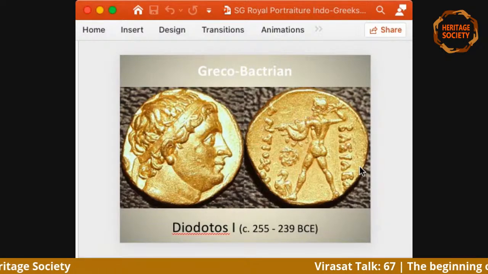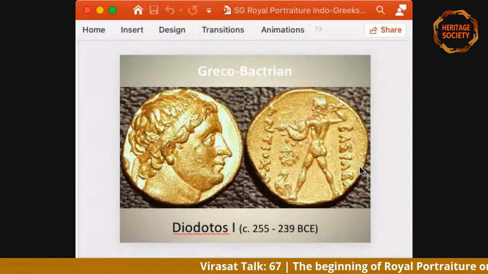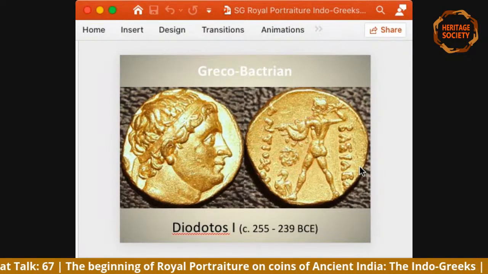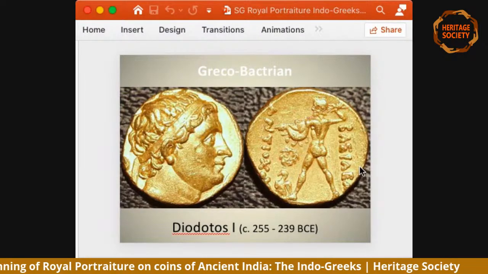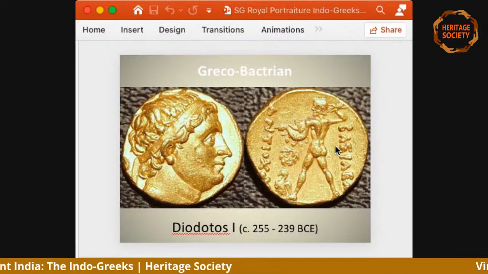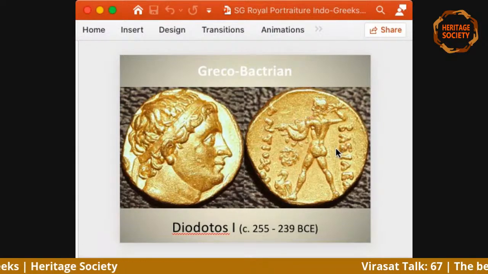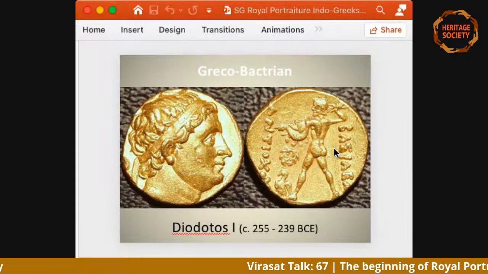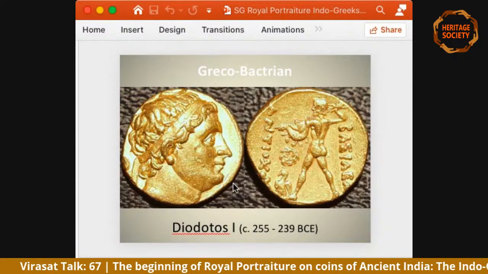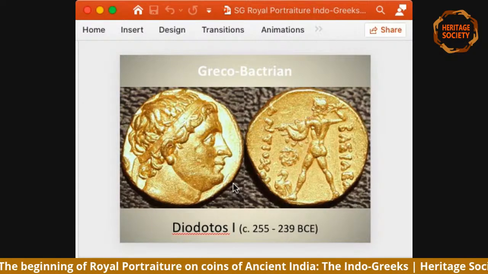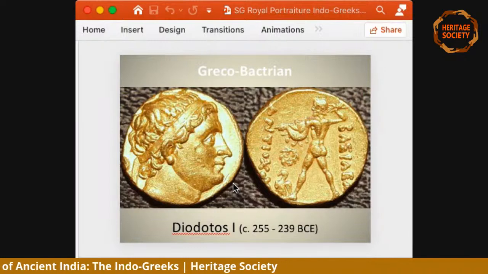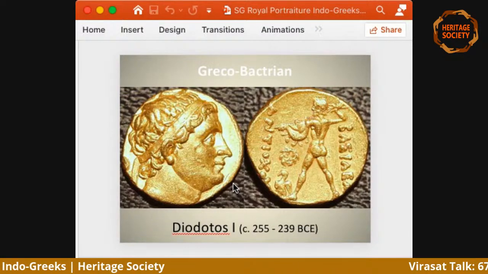Diodotus was again a Greco-Bactrian king who ruled in this part of the subcontinent. Although this coin is nominally in the name of Seleucus, the name of Antiochus, Diodotus is not there, we can see his countenance. The depiction of King Diodotus is on the obverse, and on the reverse we see Zeus standing and hurling a thunderbolt.